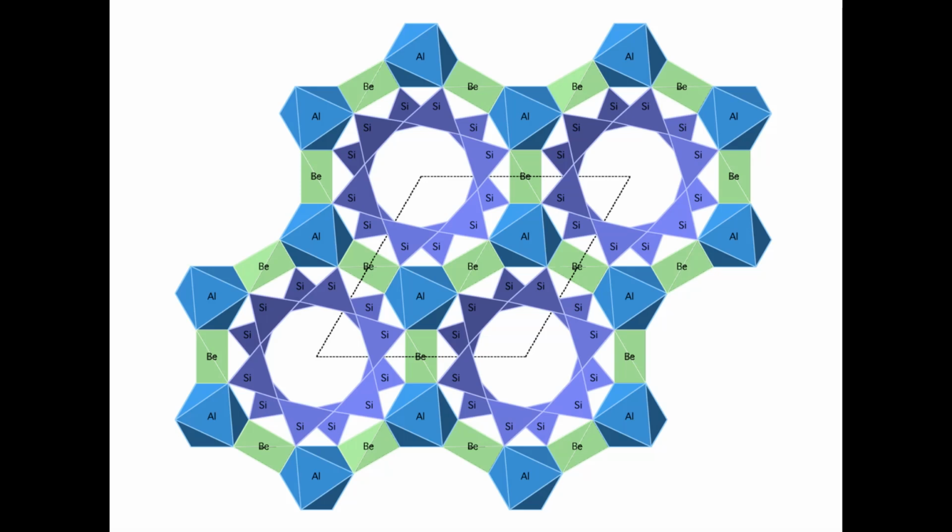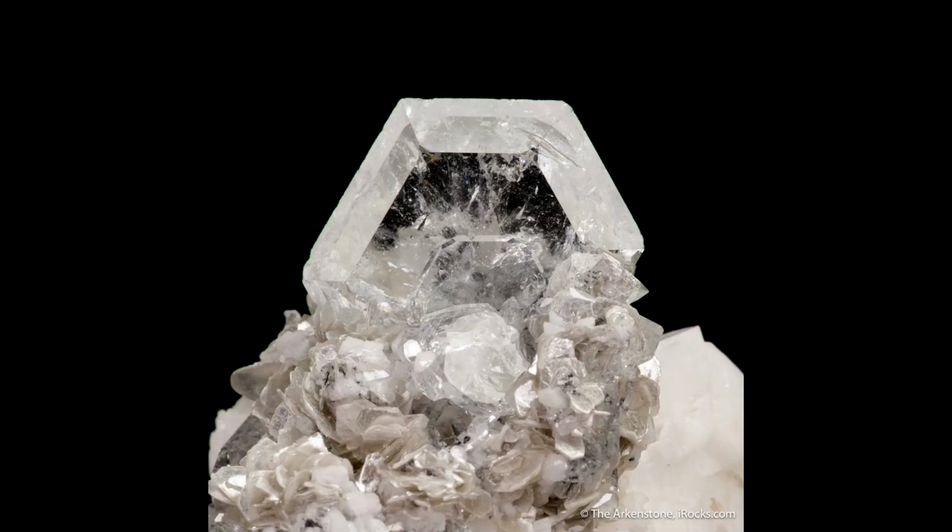You can see the alignment of the aluminum atoms forms a hexagon, and indeed the outer shape of the beryl crystal is a hexagon. Here is a colorless crystal of beryl, meaning that it has no coloring agent to make it some other color. It's colorless, but you can see the six-sided hexagonal outline on the outer part of the crystal.